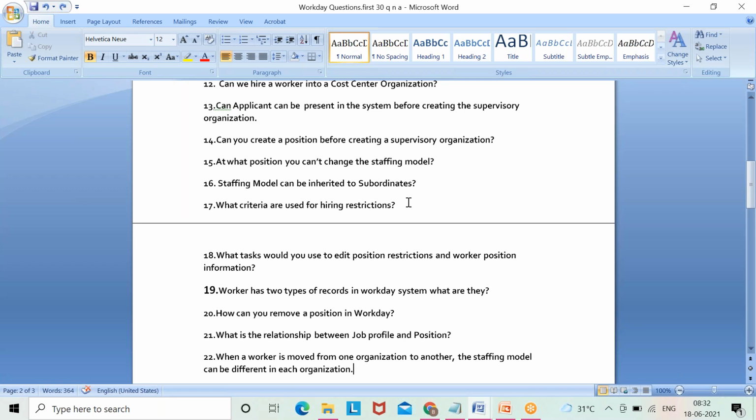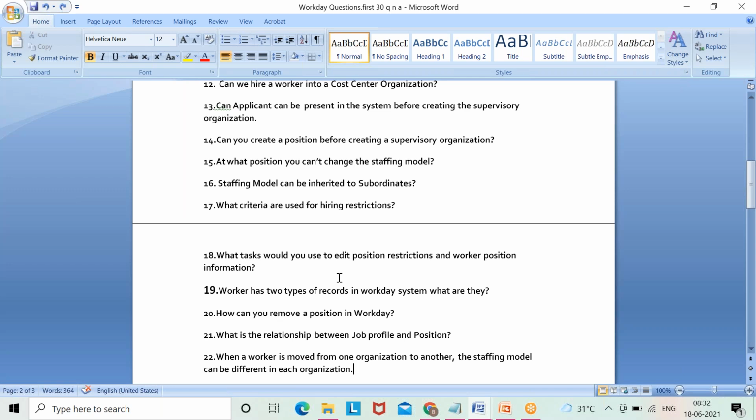When you're creating a position, we have certain fields, for example position name, location, availability date, earliest hire date, time type, worker type, worker subtype, job profile. All these are required. These are all nothing but hiring restrictions.